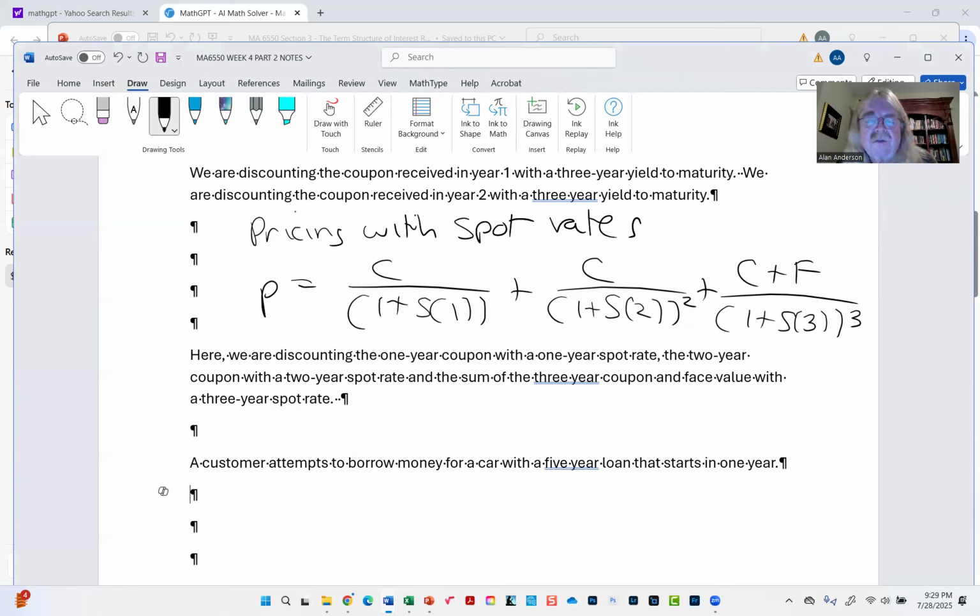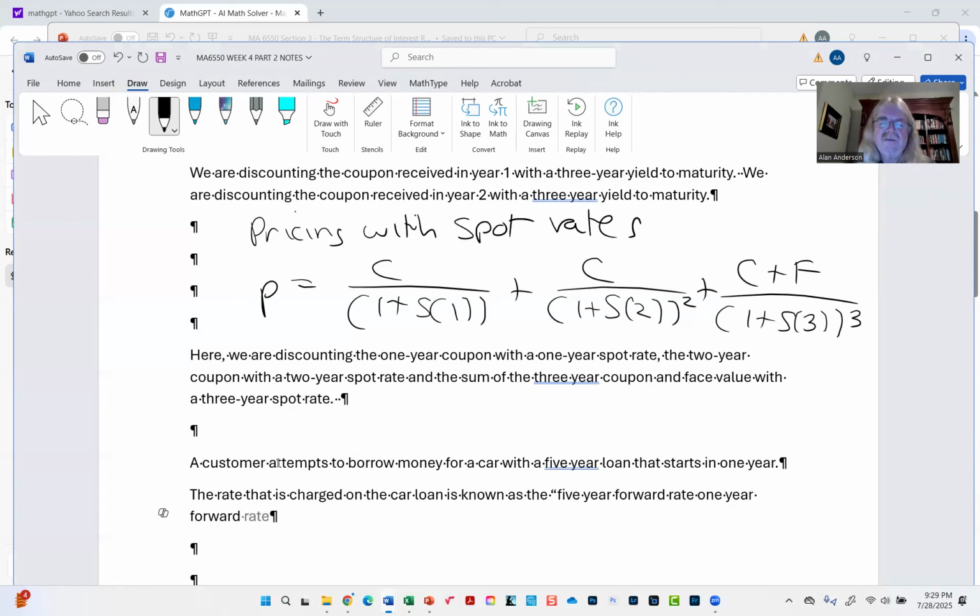Can we negotiate the rate now? So the rate that is being charged on this car loan is known as the 5 year forward rate, 1 year forward. So that's a lot to think about.